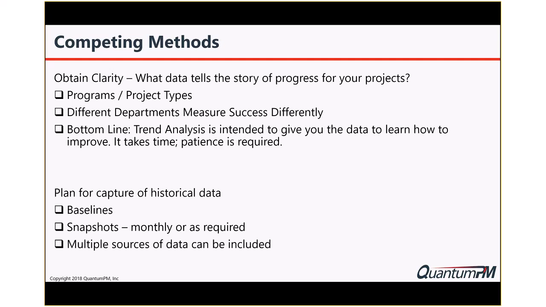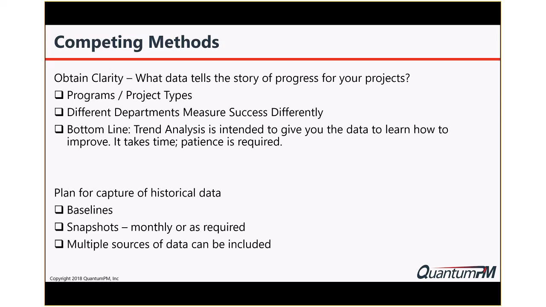So it could be that you have a whole program, various projects going on. Some of them may be more critical, may have higher priorities than other projects within those programs. Different kinds of project types may make a difference. And you need to be able to tell the story at the program level as well as at the project level. So how is the program going overall?